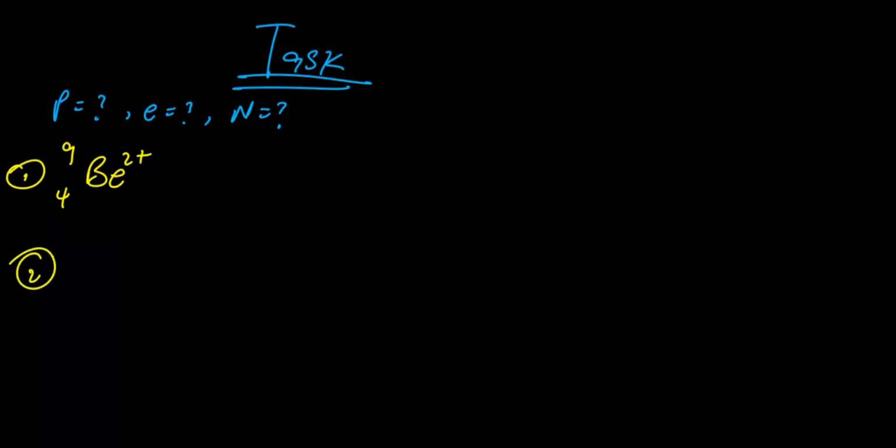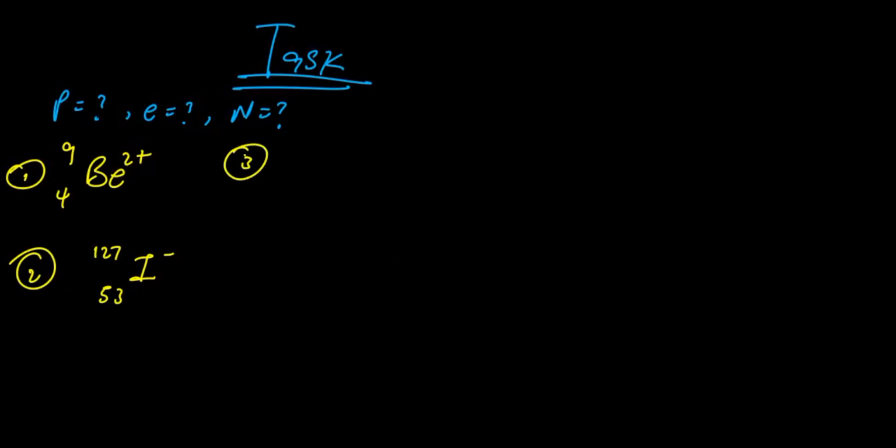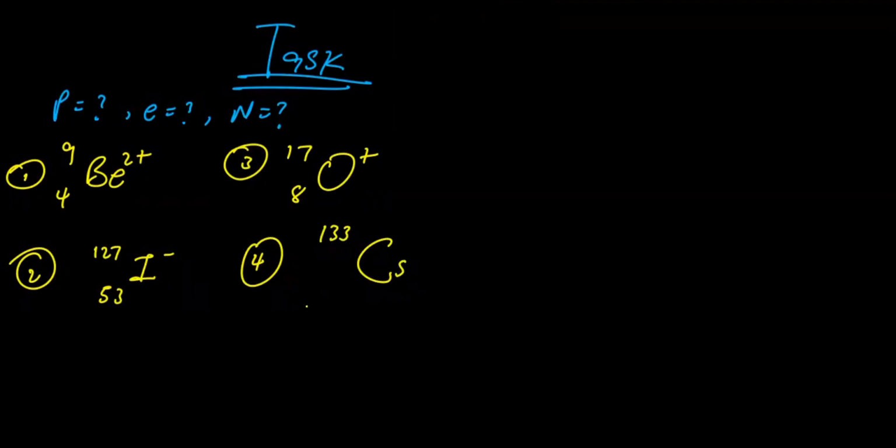The second one, I have 127, 53, I minus. And the third one, I have 17, 8, O plus. And the fourth one, I have this. So work out this problem.